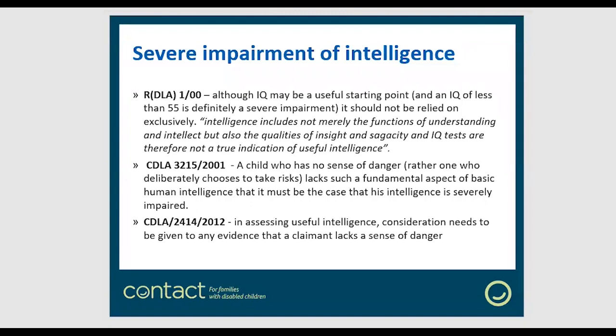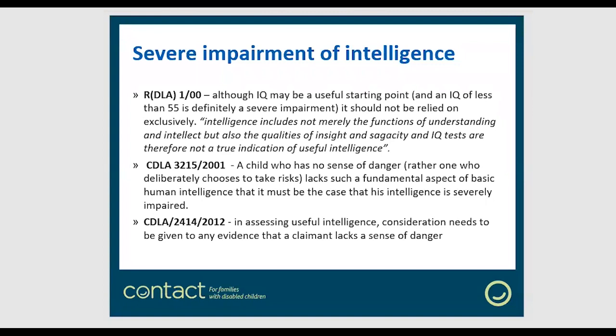Although that's a useful starting point, and certainly if your child has an IQ of less than 55, they definitely should be seen as having a severe impairment of intelligence, the case law suggests that it shouldn't be relied on exclusively, and that intelligence is not really just a test of how you function in an abstract IQ test, but also should look at things like insight and how you can use your intelligence usefully.